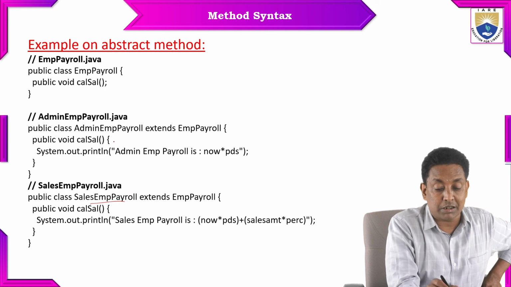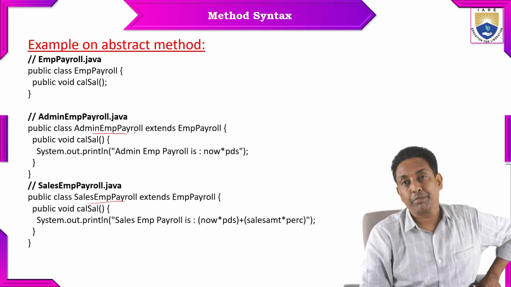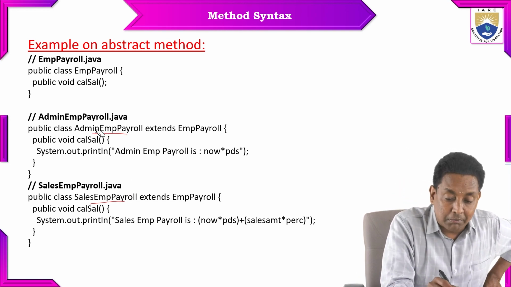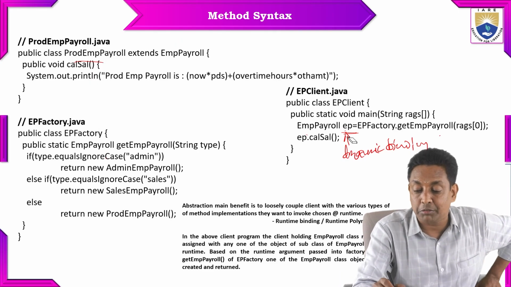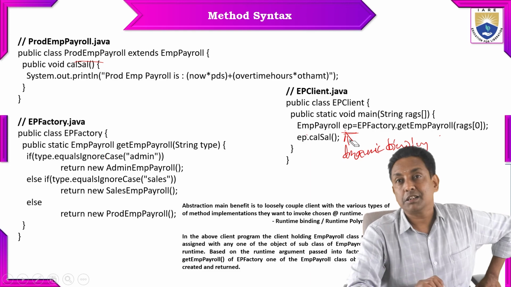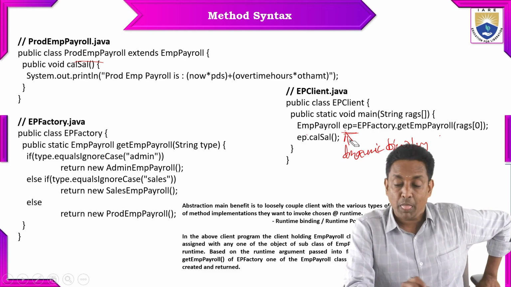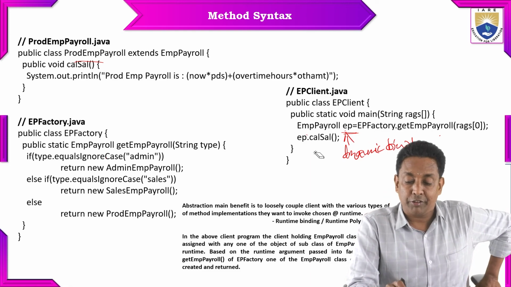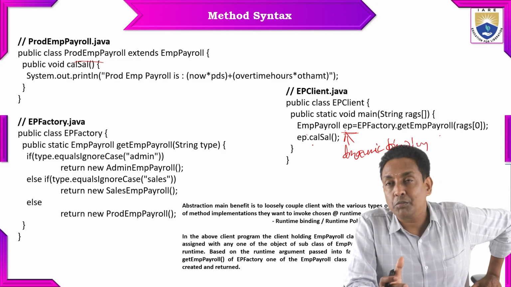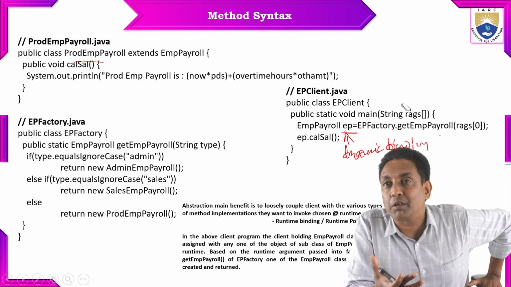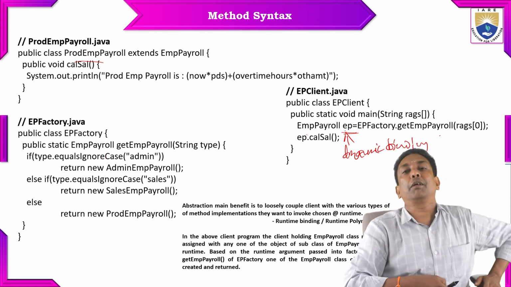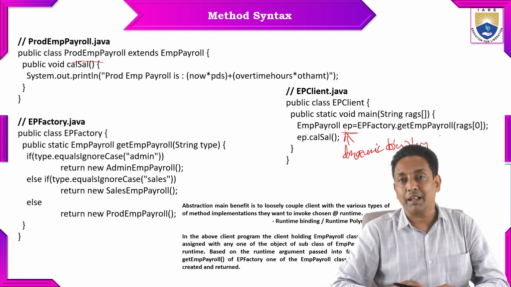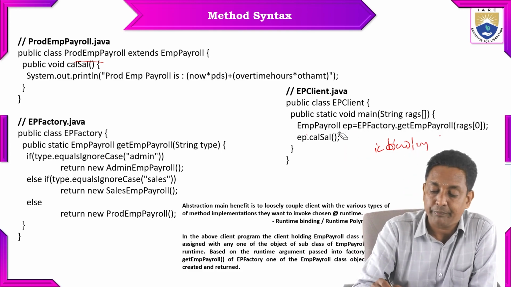Like production employee payroll or sales employee payroll or admin employee payroll. Because of this dynamic nature, binding any one of the subclass objects to a parent class reference is called dynamic binding. With such a dynamic object, if you invoke the method, the output you achieve is runtime polymorphism. At runtime, you are deciding which class method is to be called. That is called runtime polymorphism.